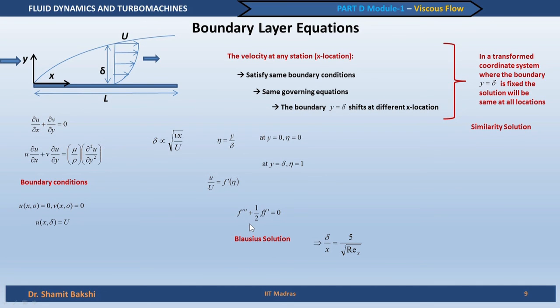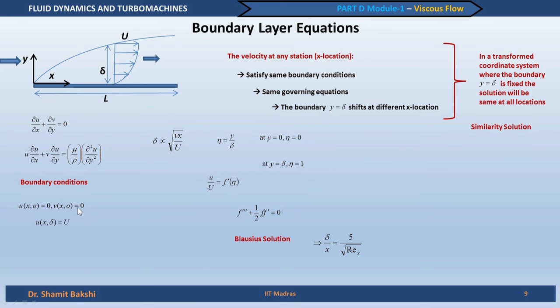You cannot get an analytical solution to this equation, but you can get a numerical solution to this ordinary differential equation, and if you find the value of delta by x using this, you get 5 by square root of Re_x. Using the von Karman approach we got a value of 5.48 by square root of Re_x, which is very close to what we got. The difference is only because the velocity profile is not quadratic, which was assumed to be quadratic by von Karman.